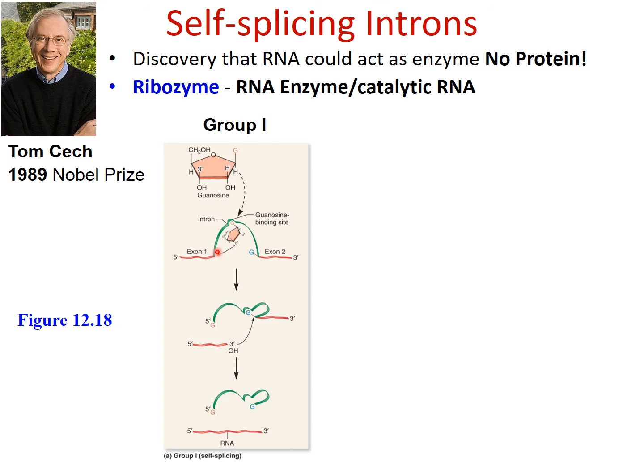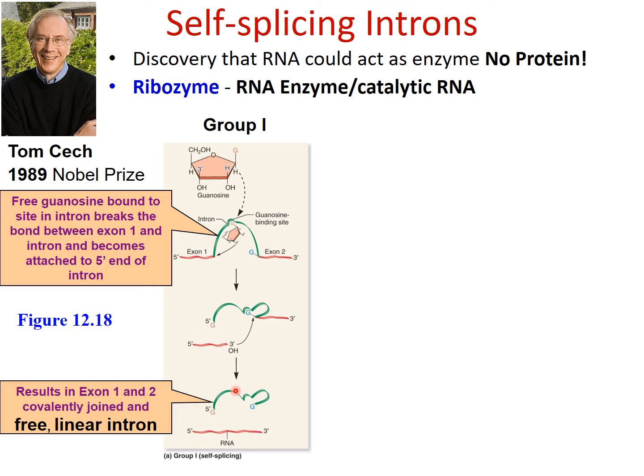So it was not originally encoded within the intron, but now it ends up at the 5' end. When that happens, this upstream exon, exon 1, has a free 3' hydroxyl, which will attack at the 5' end of the downstream exon, exon 2, and the two exons will become linked, and the intron will be released, and it will eventually get degraded.